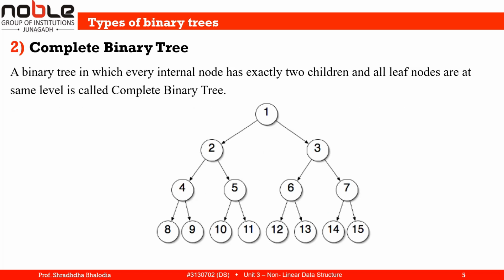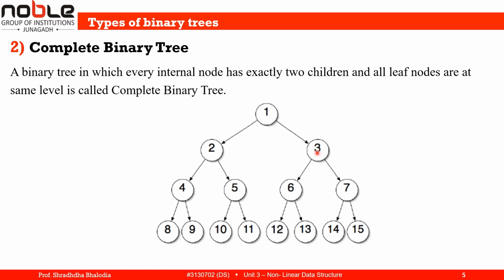Now we move forward about second type of binary tree, that is complete binary tree. A binary tree in which every internal node has exactly 2 children and all leaf nodes are at same level is called complete binary tree.